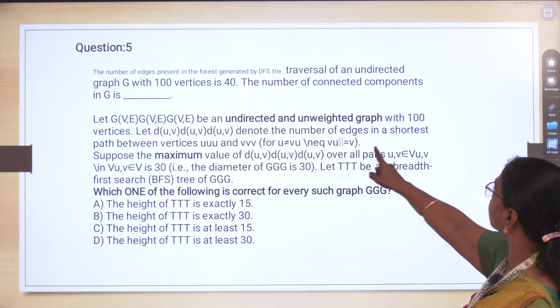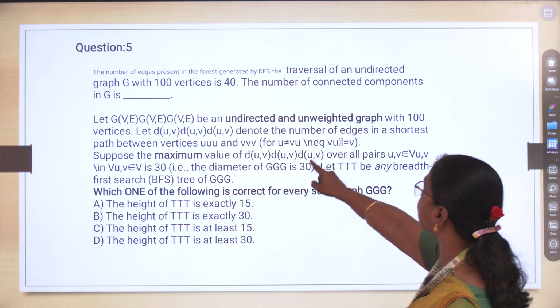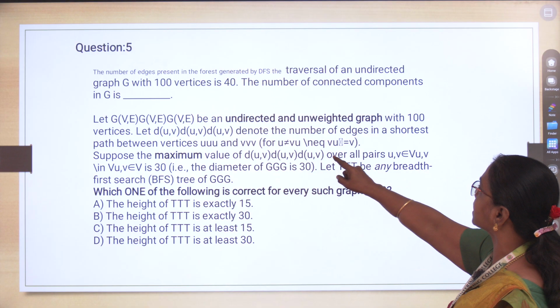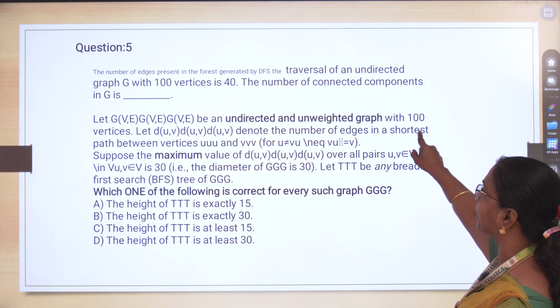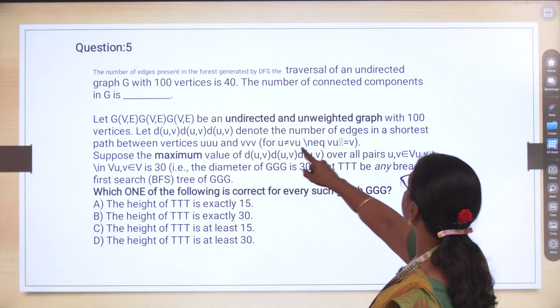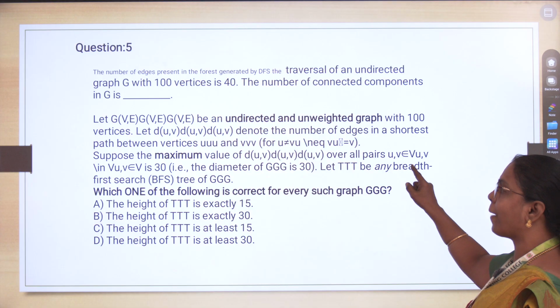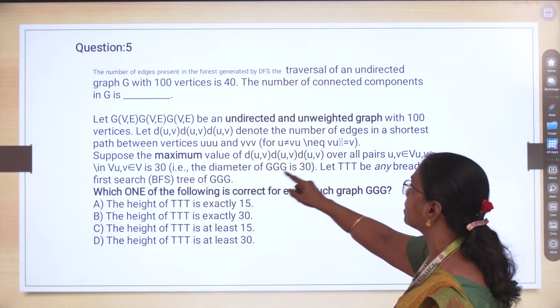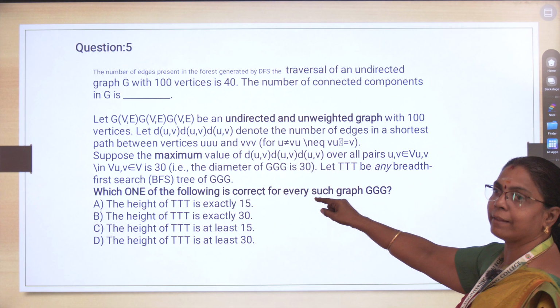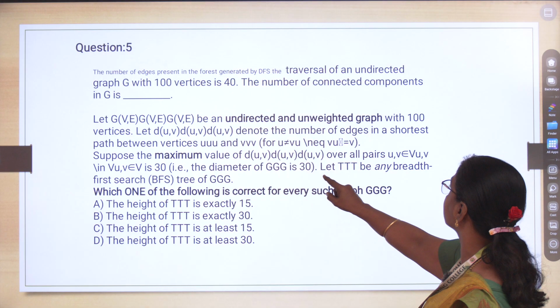So here is another one. Here we are seeing the requirements of vertices and edges being undirected on the weighted path is 100, and D is the number of edges in the shortest path. So the maximum number over all pairs belonging to the set of vertices is 30. So we have to find the diameter of the graph, which is 30.